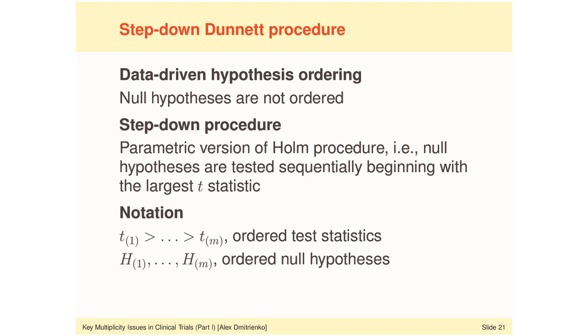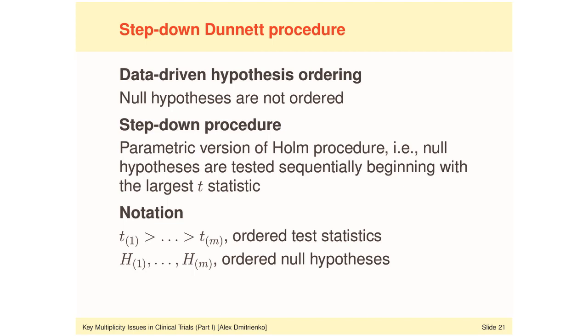It is essentially just a step-down Dunnett procedure, and it's a parametric version of the Holm in the sense that it tests the null hypothesis using a step-down testing algorithm, sequentially beginning with the smallest p-value or equivalently with the largest t-statistic.